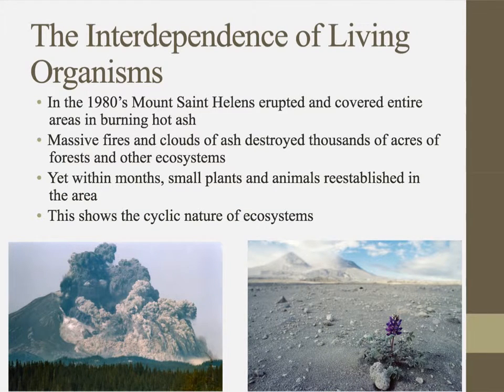So way back in the 80s, in the Pacific Northwest, there was this really beautiful, perfectly symmetrical mountain called Mount St. Helens. Only this wasn't really an ordinary mountain. It happened to be a volcano. And one day, out of the middle of nowhere, it seemed, this volcano had a massive eruption.